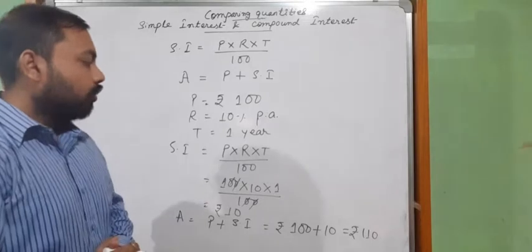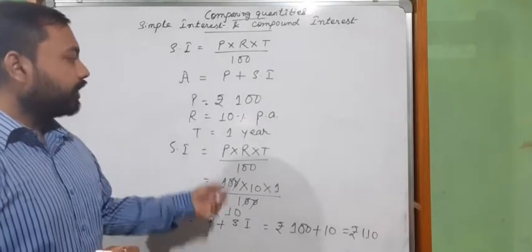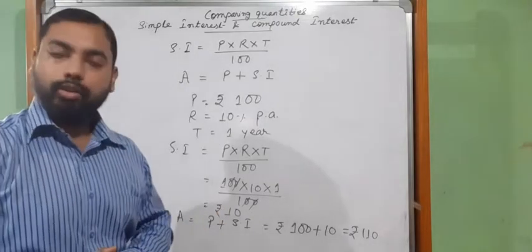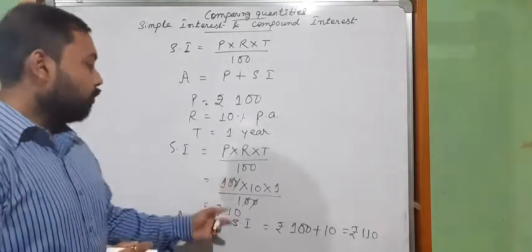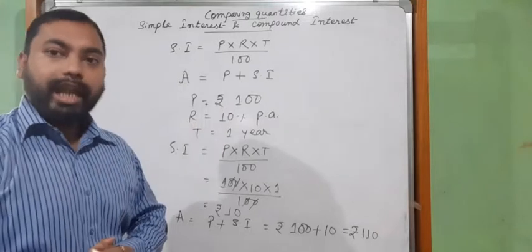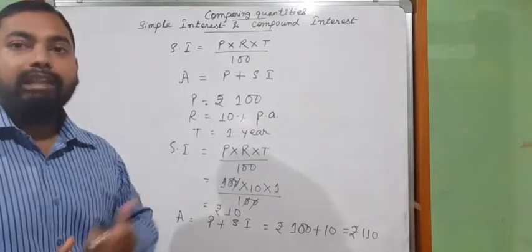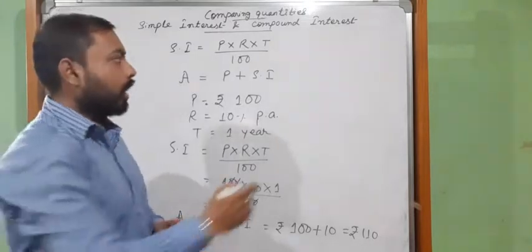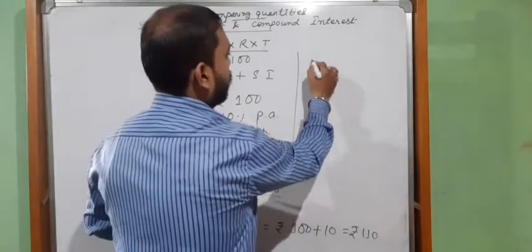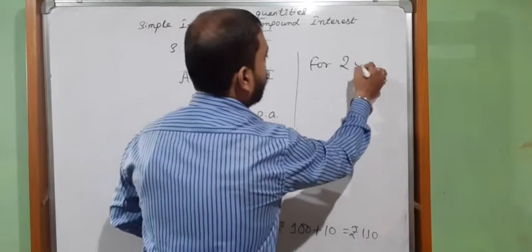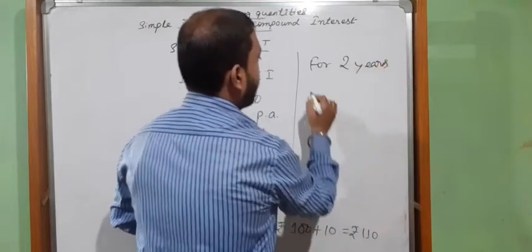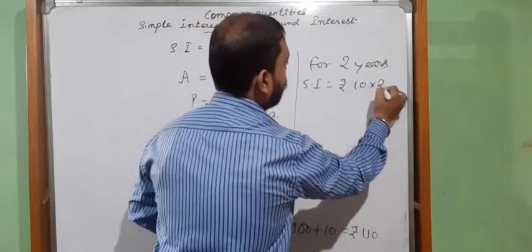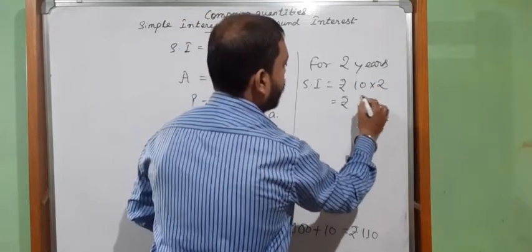As we calculated for 1 year, the simple interest is rupees 10. So the simple interest at the end of 2 years will be rupees 20, as simple as anything. For 2 years, SI will be rupees 10 into 2, that is rupees 20.